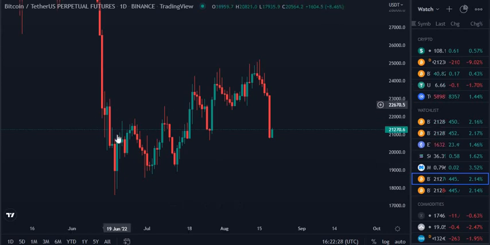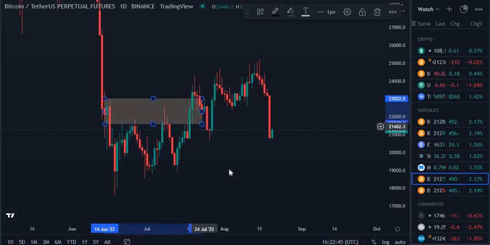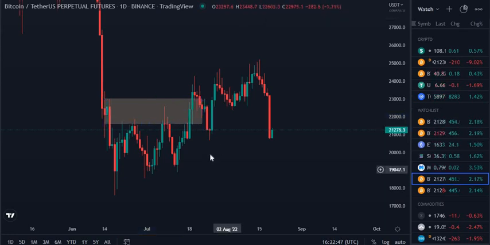Lastly, I'm going to look right along this level. Right here we have a daily supply zone, drop base drop, and then we have a resistance level right here. Let me mark this out. This is a supply zone, and then a resistance level in the market.